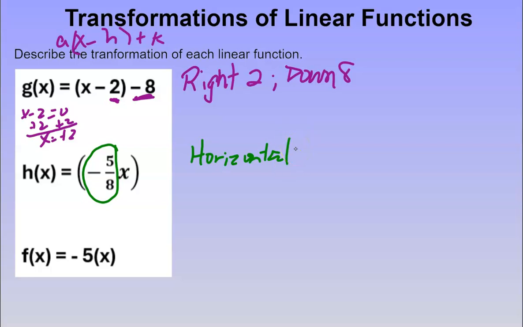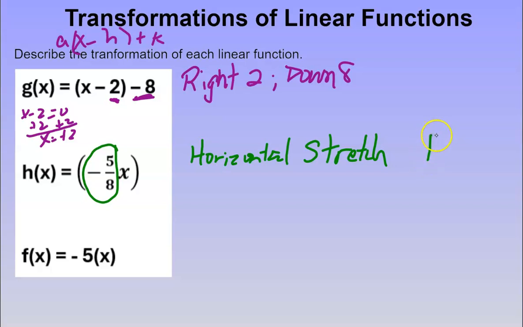And then if I take the absolute value of negative 5/8, that is 5/8. So since this is horizontal, 5/8 is less than 1, which means this is going to be a horizontal stretch, which just means the stretching part is my run, because if I think of my slope, treat this like a slope of 5/8.